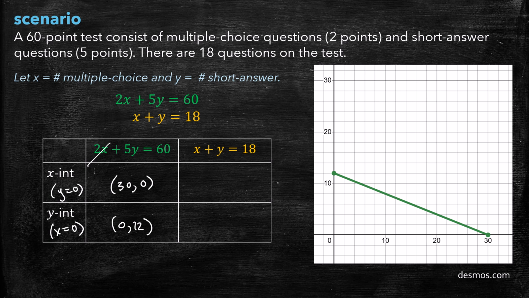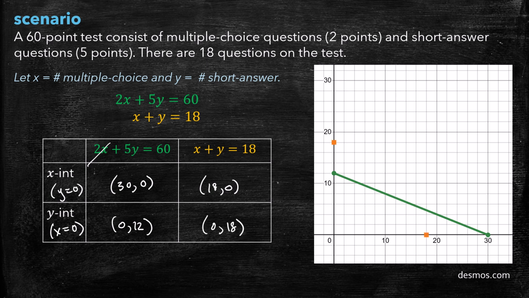But since we're looking for one solution, we can get away with connecting it like this and finding where they intersect. So for the other equation, if I make Y equals 0, I get 18, comma 0. That's all multiple choice questions and no short answer. And similarly, if I make X equals 0, I get 0, comma 18.